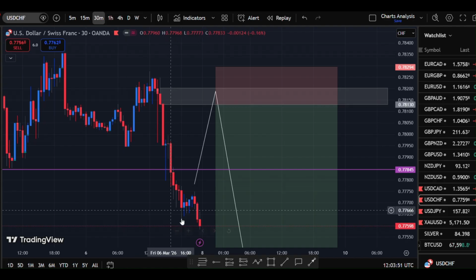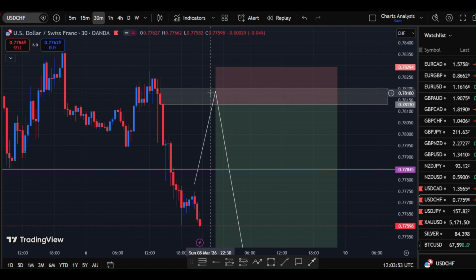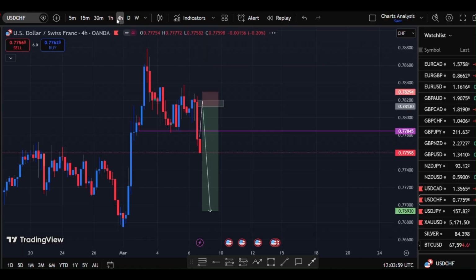What I'm waiting for now is the price to come up, retest this, give us some sort of confirmation candles, and fill these imbalances as well. As for my targets, I'm looking for the next imbalances here. Look, this is where the price will come to and fill these imbalances or orders.